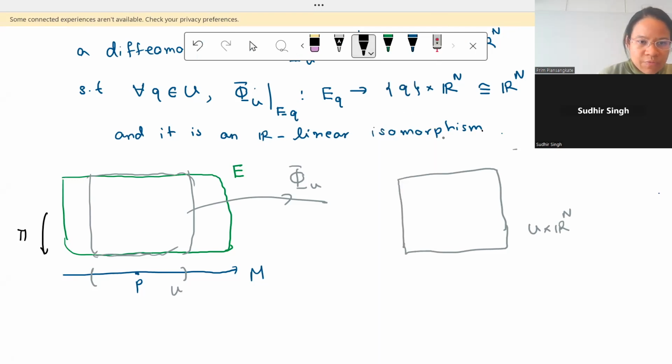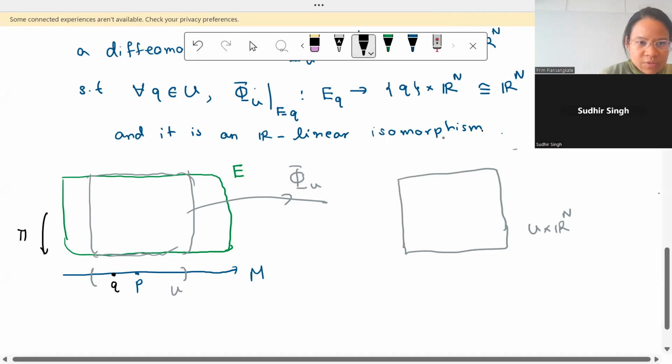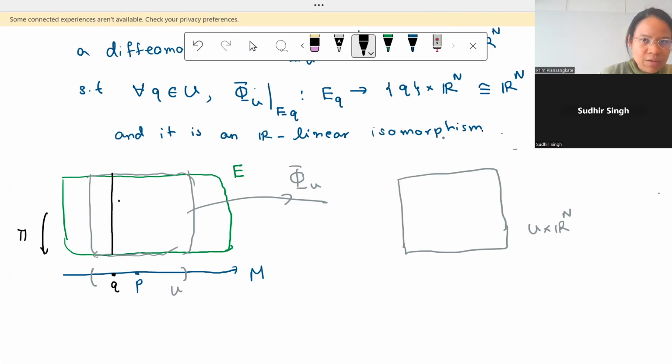Okay, and we want this phi to be such that for any point q in U, it maps the fiber over q. In general, it could map to any subset, right? But we want it to be mapped over to Q cross Rn.